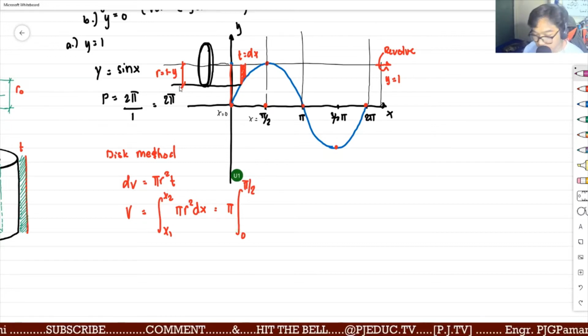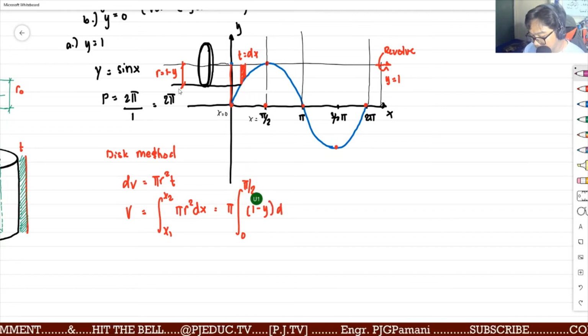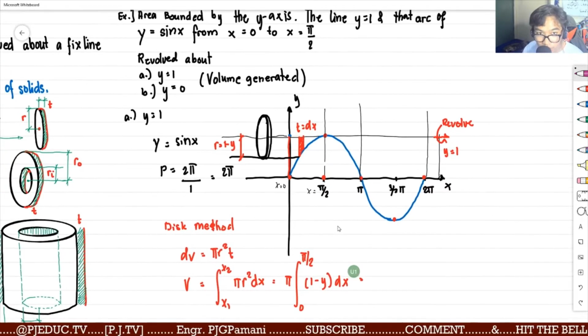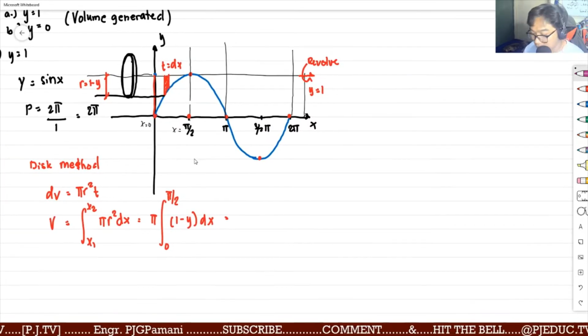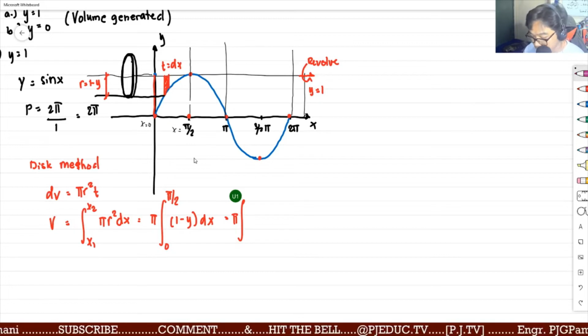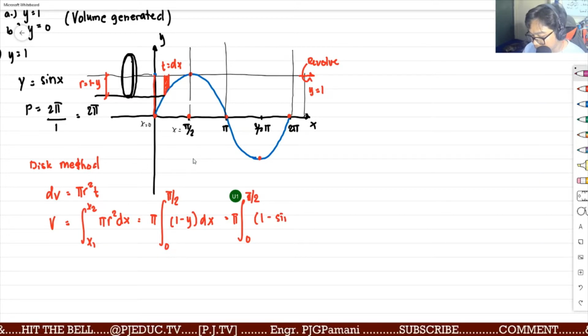Then, ano ang radius, which is now 1 minus y dx. Then remember, y is with respect to the curve, basically y is equal now to sine x. Tama ba? Sine x yung y. So 1 minus sine x.